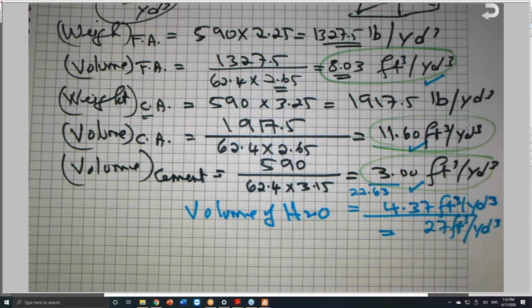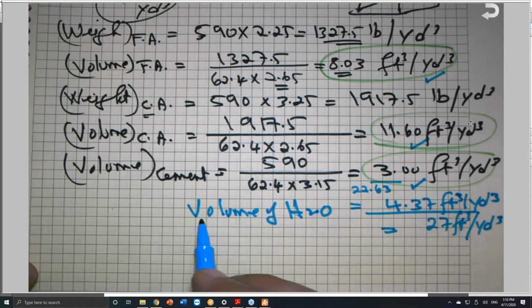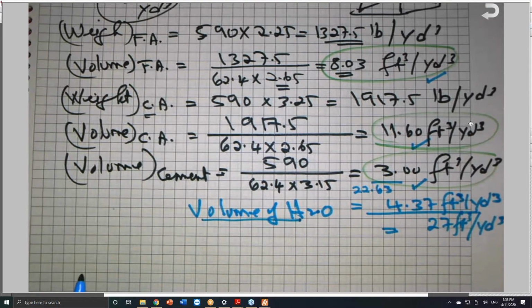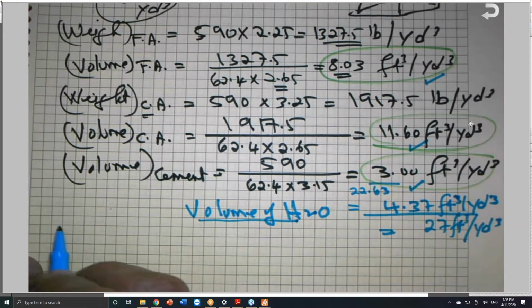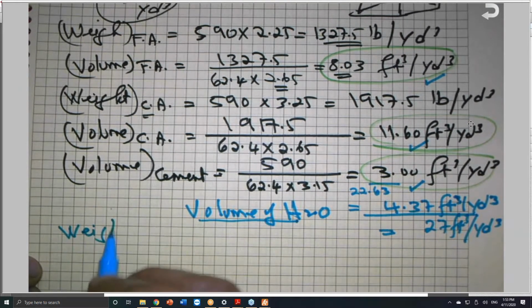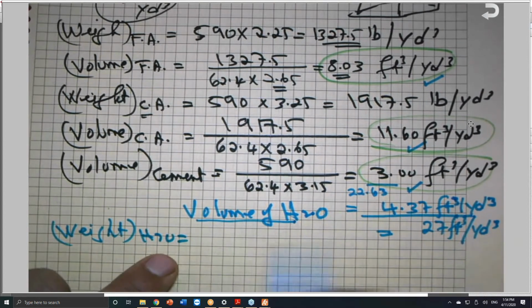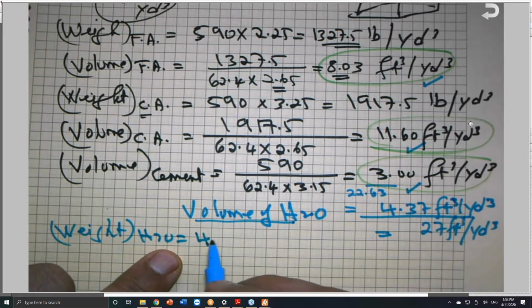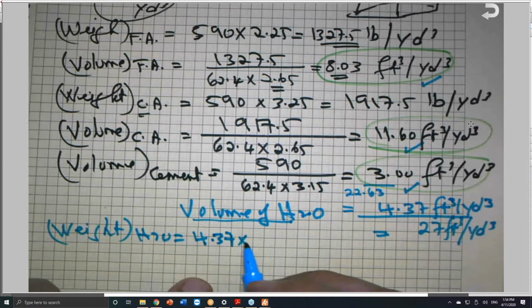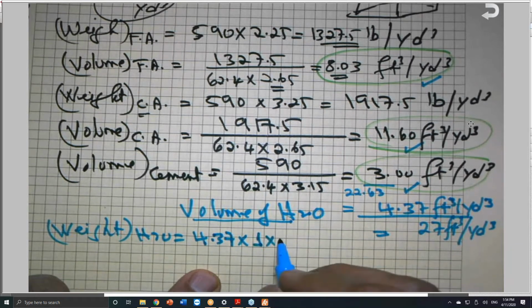So in this case, since I know the volume, I can get the weight, the opposite of what I did. So the weight of the water is equal to this volume, 4.37, times 1 times 62.4.